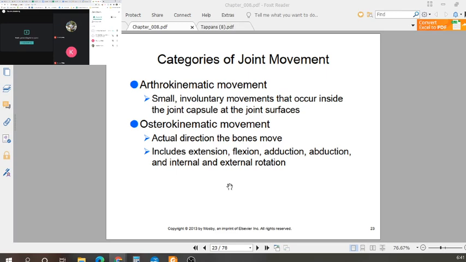Osteokinematics is movement that the muscles create. Okay? So that's going to be our range of motion. It is movement that the muscle creates by pulling on the bone levers for the movement.